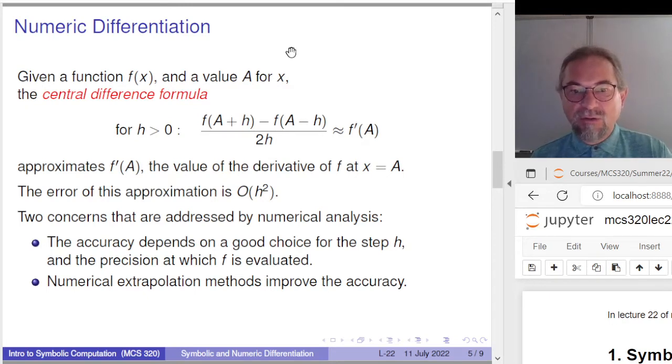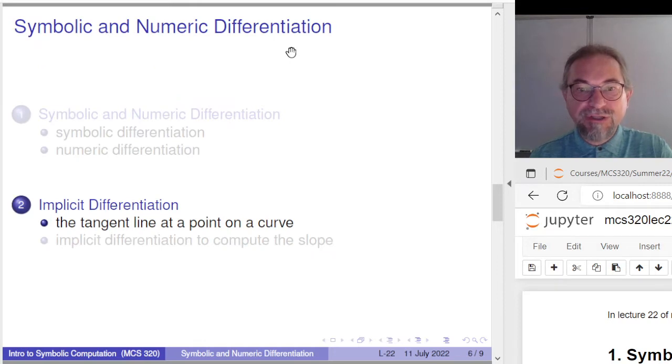And then there are also extrapolation methods, another technique that can dramatically improve the accuracy at the expense of a little bit more function evaluations. Okay, so we will not address numerical differentiation in detail, although I will indicate how it is available in SciPy, a package that is offered in SageMath.